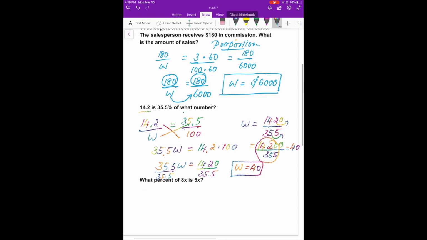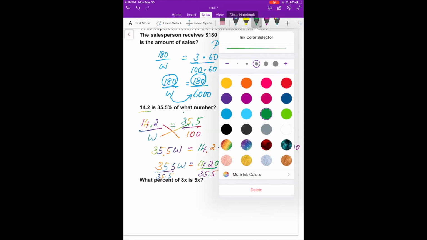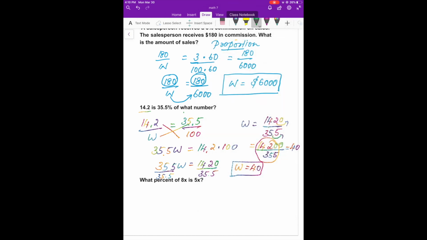Now let's move on to an algebra problem. They are asking what percent of 8x is 5x. So let's use an equation. What percent of 8x is 5x: of means multiplication, is means equal to.